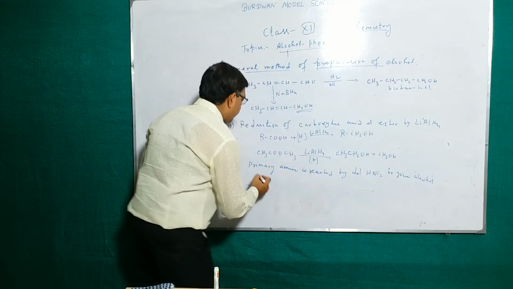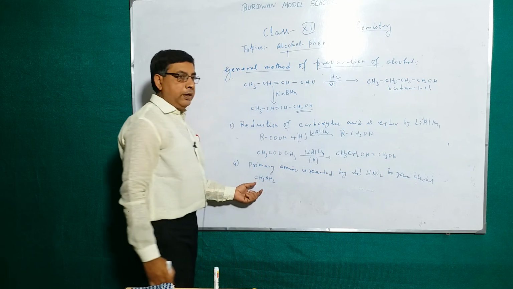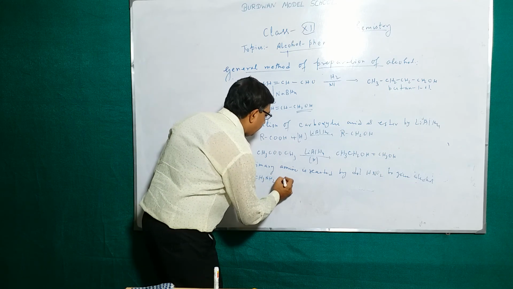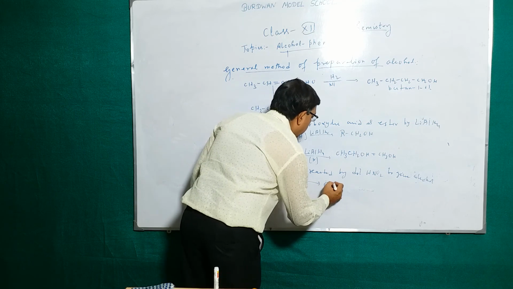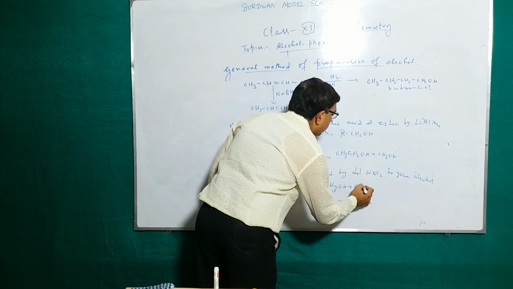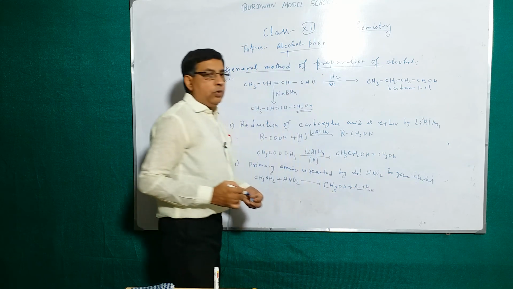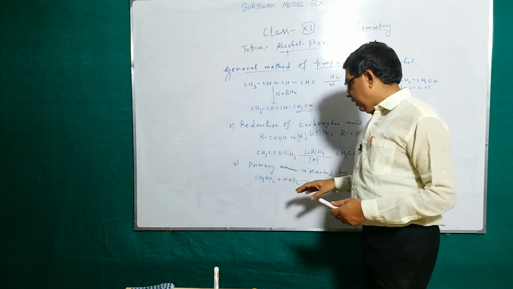Say CH3NH2, methylamine, a primary amine, reacts with nitrous acid HNO2 to give alcohol, CH3OH, plus nitrogen plus water. So any type of primary amine when it reacts with nitrous acid gives alcohol.